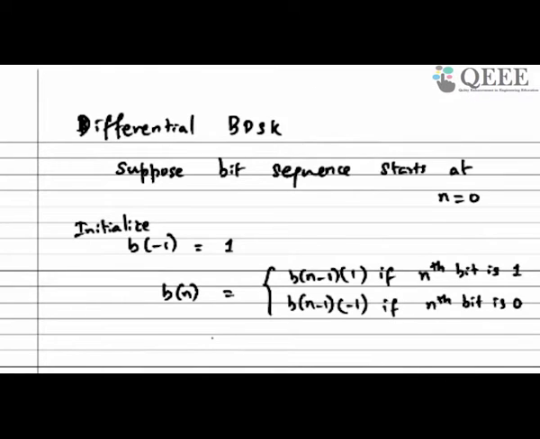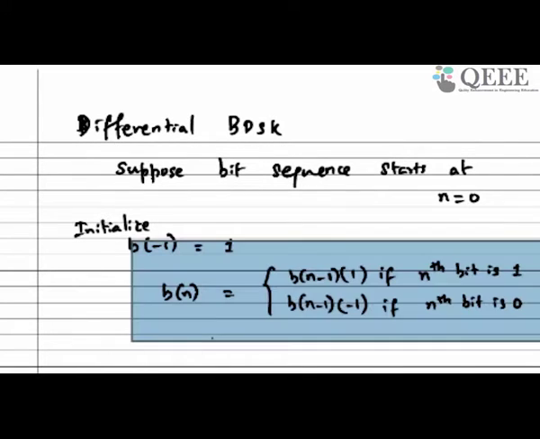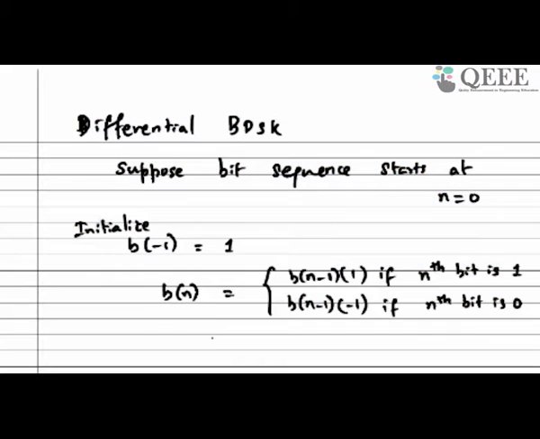But another way is you can also do the differential encoding in the following manner. The current symbol you send is exactly equal to the previous symbol if the bit value is 1. On the other hand, if the bit value is 0, what you send will be the negative of what you sent previously. So B of n minus 1 times minus 1 if the current bit value is 0, B of n minus 1 times plus 1 if the current bit is 1.